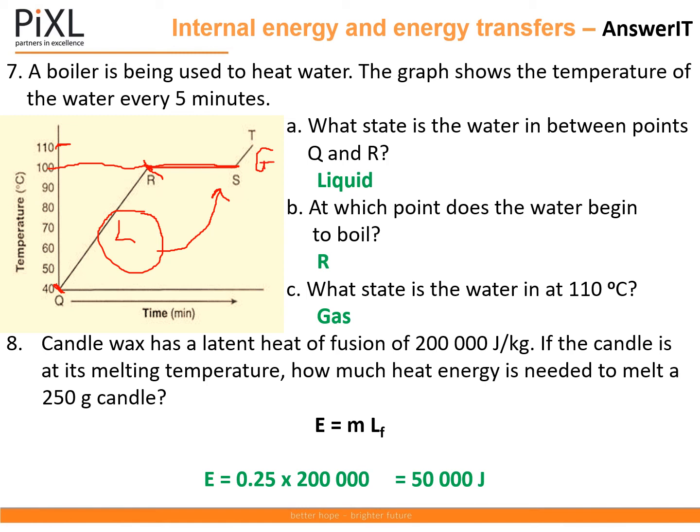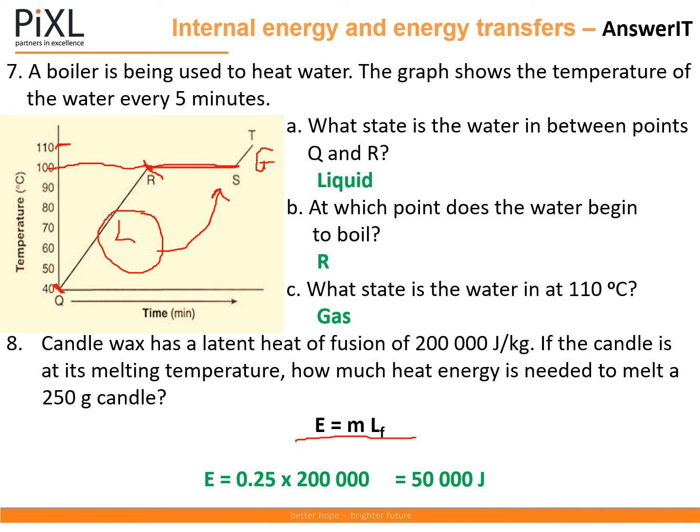The last question says, candle wax has a latent heat of fusion of 200,000 joules per kilogram. If the candle is at its melting temperature, how much heat energy is needed to melt a 250-gram candle? So they've even given you the formula, so it makes it a little bit easier. So energy equals mass times the latent heat of fusion.